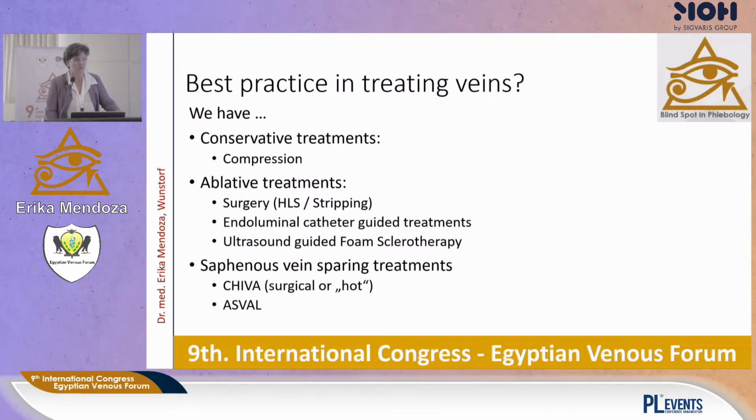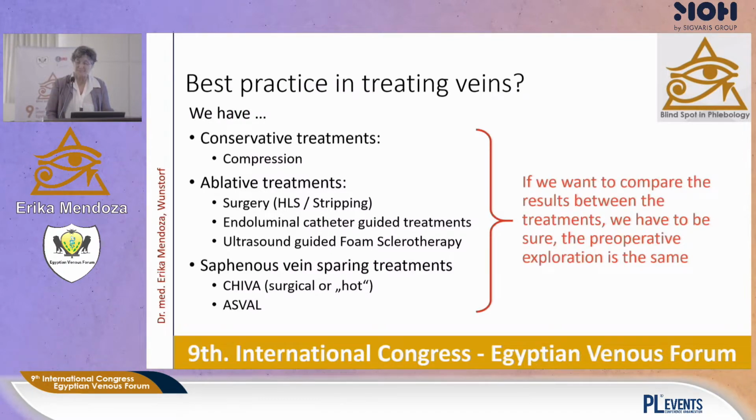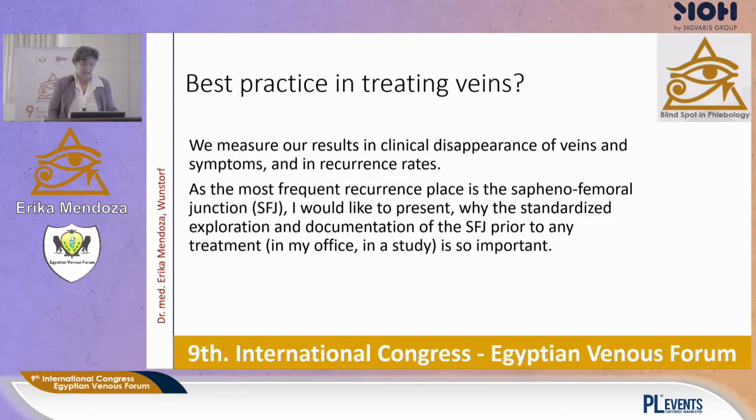I have learned that in Egypt they are also common, like CHIVA or ASVAL. If we want to compare the results of all these strategies or treatment options, we have to be sure that the preoperative exploration was the same. So we measure our results in clinical disappearance of veins and symptoms, and in recurrence rates.